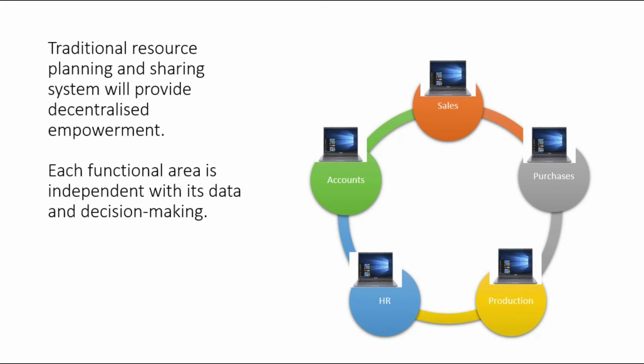But the enterprise resource planning system integrates this data into a central place, and it's shared with these functional departments, so that the decentralization has now become centralized for data collection and the data repository, like a database, and then data sharing and for decision making.